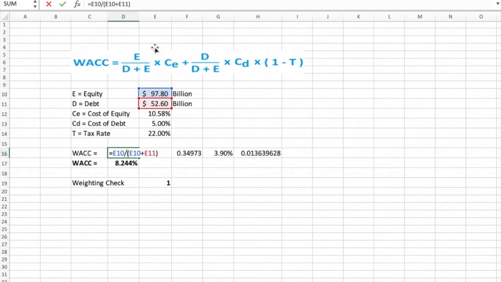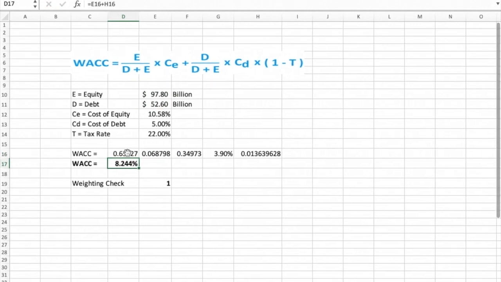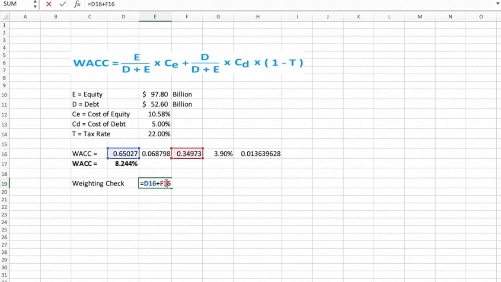I will attach the spreadsheet in the show notes. And as this is a blended number, this fraction plus this fraction need to add up to 1, because that's what the weighted cost of capital is. As you can see, I did that check where I added this number plus the number for the debt portion, and those two together add up to 1.